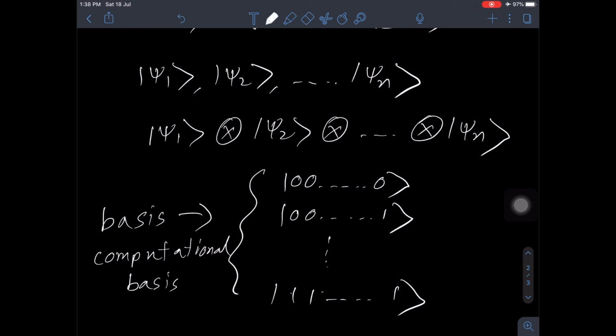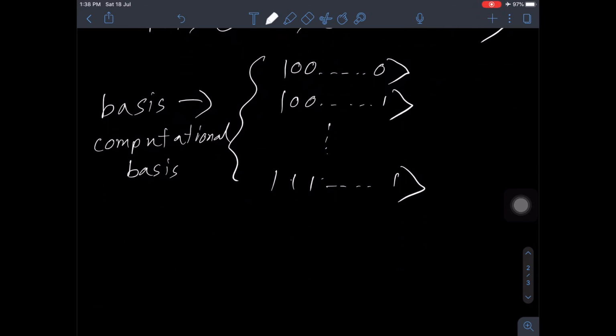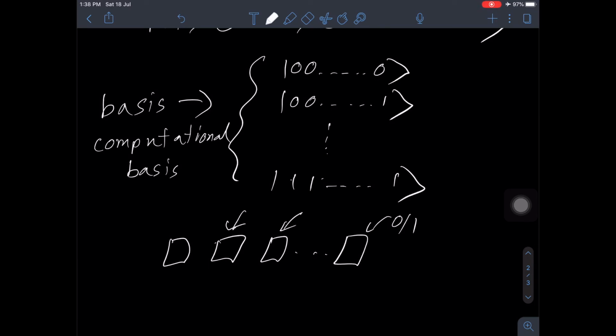Okay, so first, what is the dimension of this space? How can you guess that? The easiest way is that in each basis element you have n boxes. You can put either 0 or 1 in each box, so you have two options for each box.